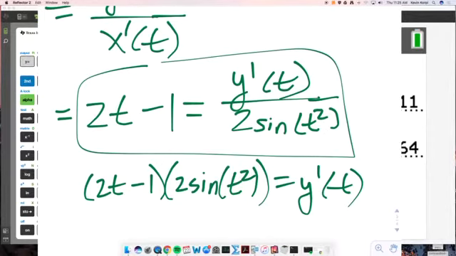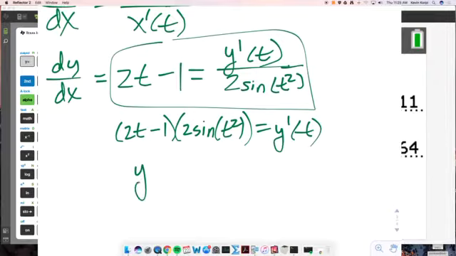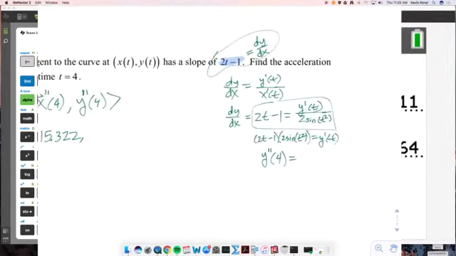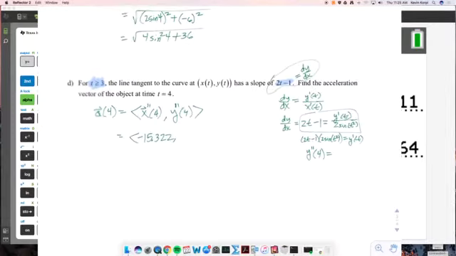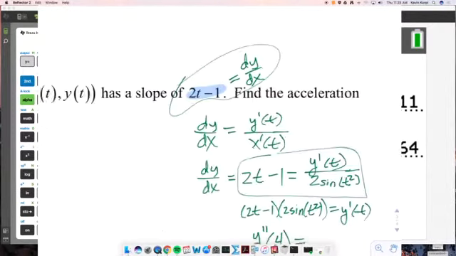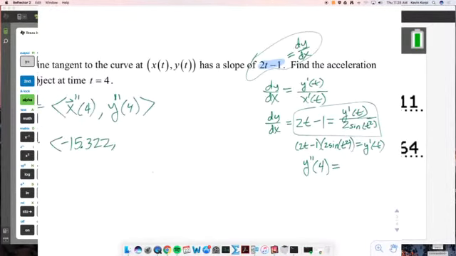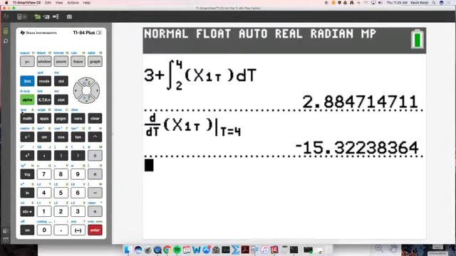I found an equation for y prime of t. Go me. So now I want to find the second derivative at 4. Well, I don't need to find it there and then rewrite it. Because I have y prime listed as a function, I can just go to my calculator and hit math 8, the derivative with respect to t.